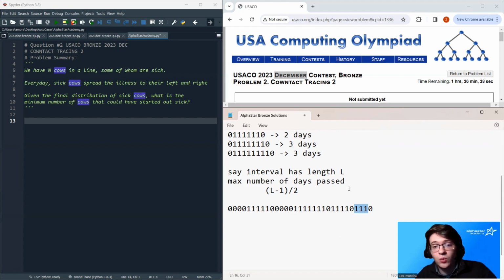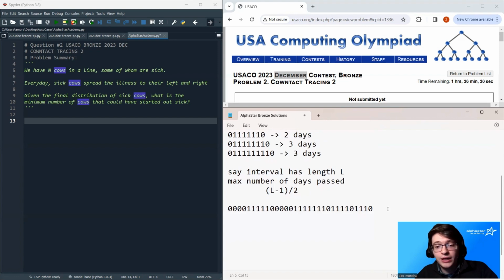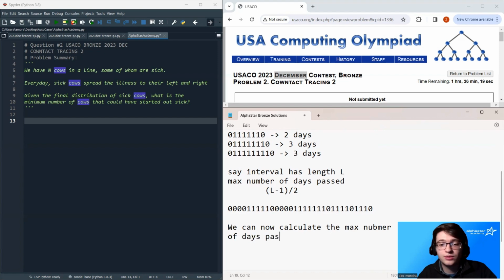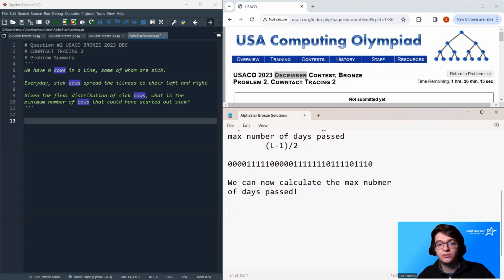That's going to be 1 for 3, right? So we saw that 3 sick cows in a row meant 1 day had passed. And this is great. So we can now calculate the max number of passed. How does this help us, though?